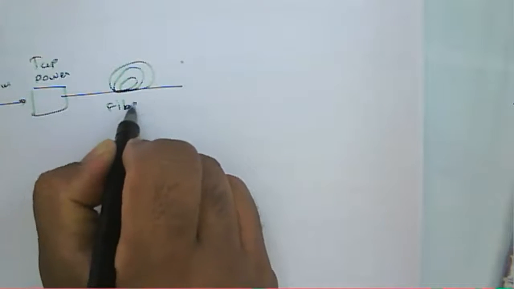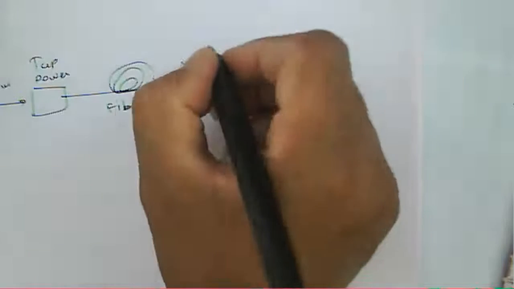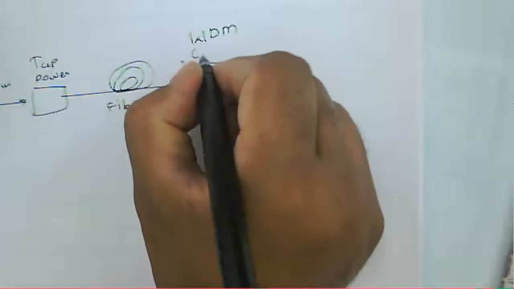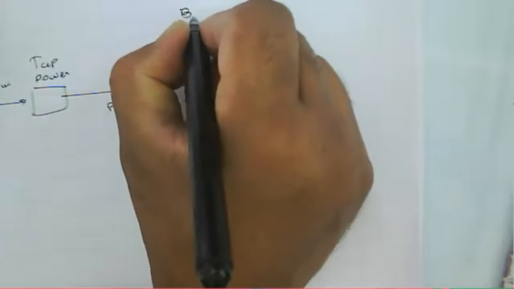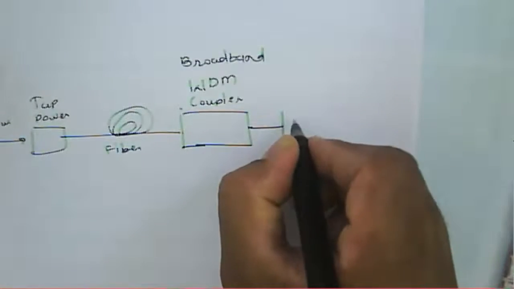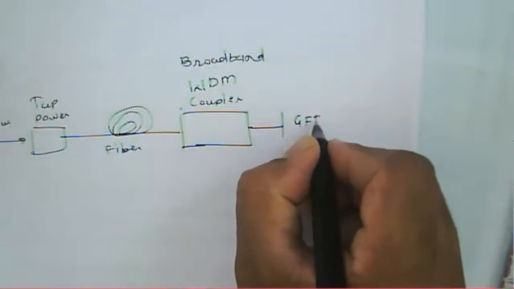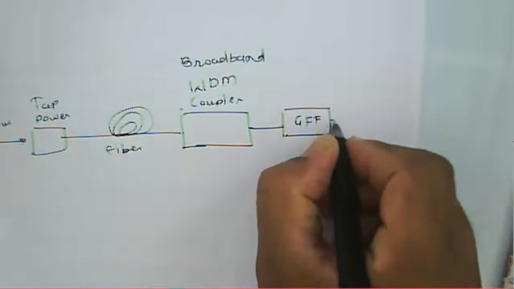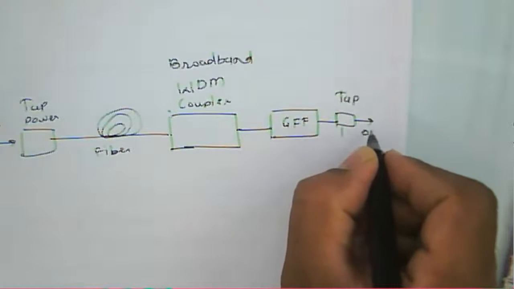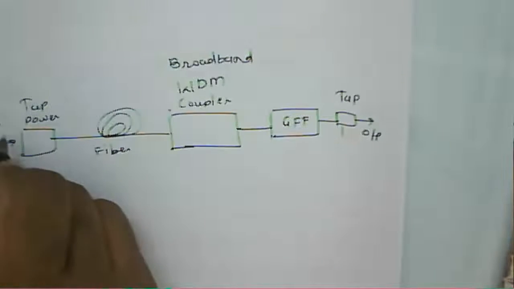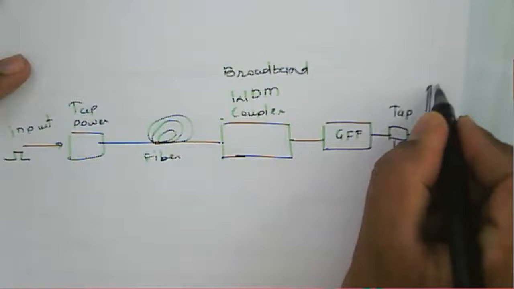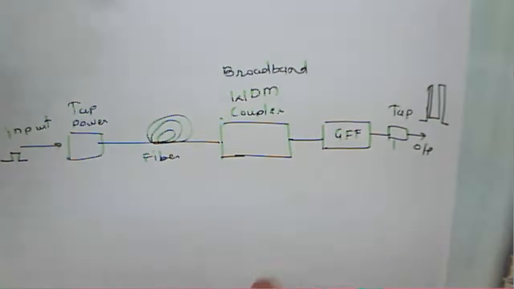This is a WDM coupler, a wavelength division multiplexing coupler, or a broadband WDM coupler. Then we have the gain flattening filter, GFF, then a tap, and we get the output. If the input is like this, the output will be amplified likewise.